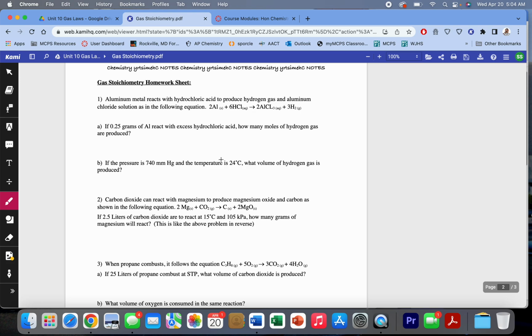And so we're going to use, this is like a type 3, right? This is like the 3rd type. It's ugly, right? We're going to find moles of hydrogen gas, and then we're going to use the ideal gas law. So, 2-step stoichiometry. And then the ideal gas law.